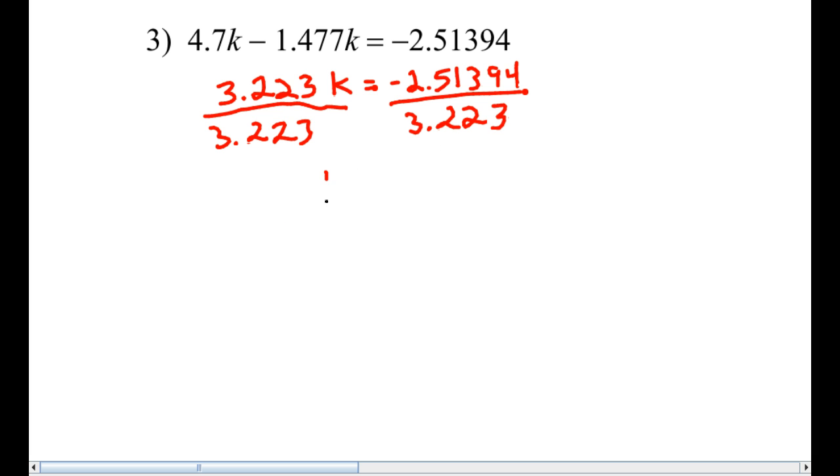There we go. And we end up with, what is it? Now we're at negative 0.7.